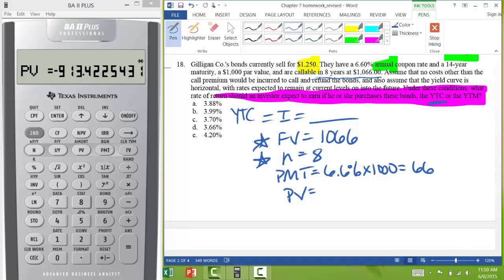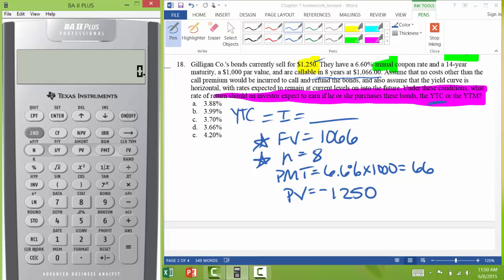And then we've got the present value, which is up here. They gave us the price. So negative $12.50. Okay, so the future value, I'll put in the call price, $1,066, future value.